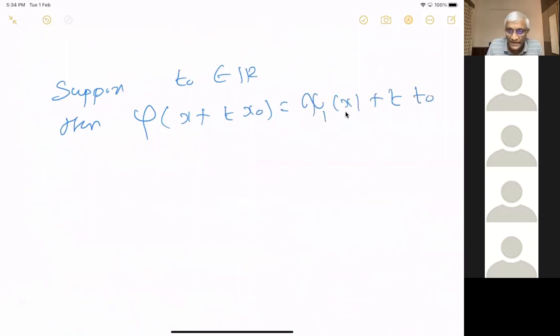For any t naught in the real line, this defines a linear functional. You can see.